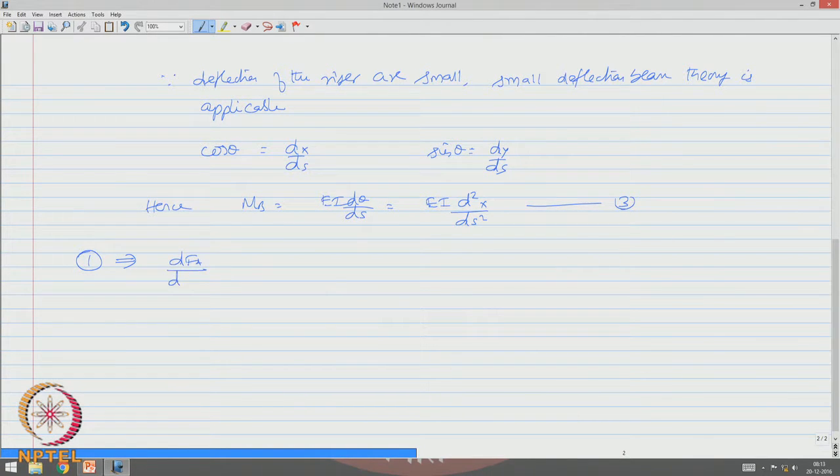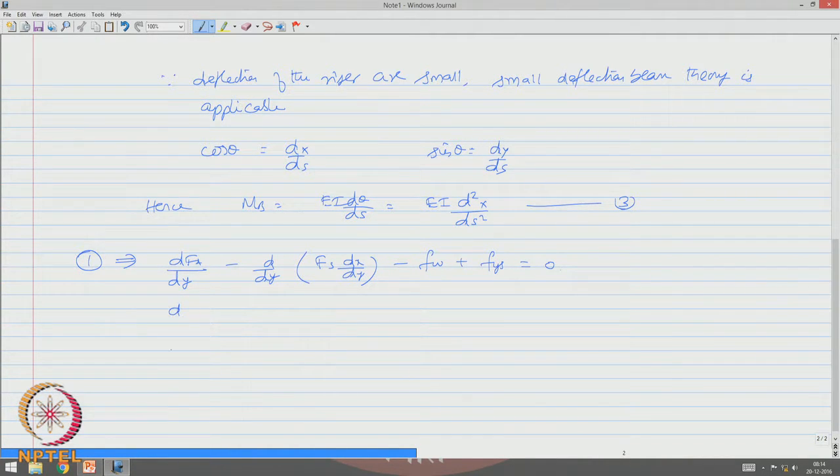So, now the first set of equations will turn to dFa by dy minus d by dy of Fs dx by dy minus Fw plus Fys is 0.